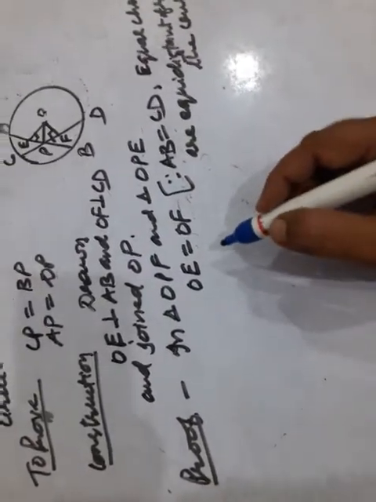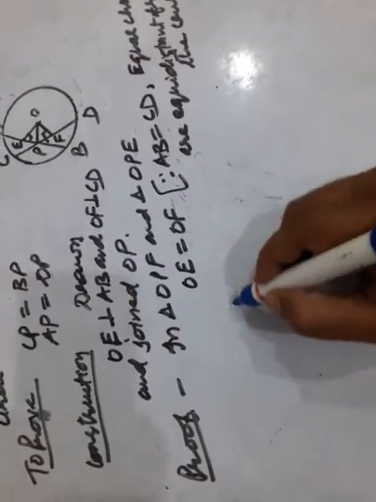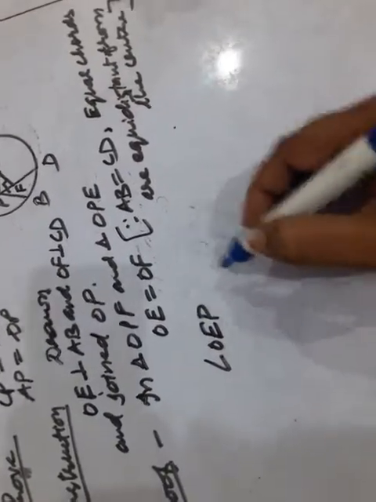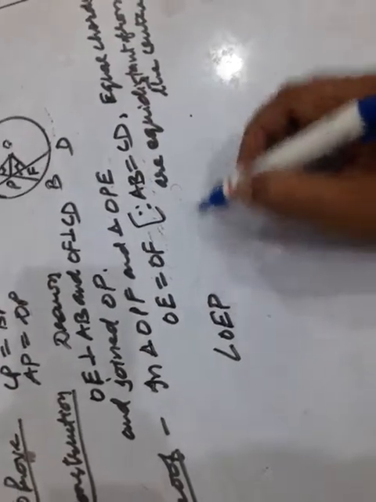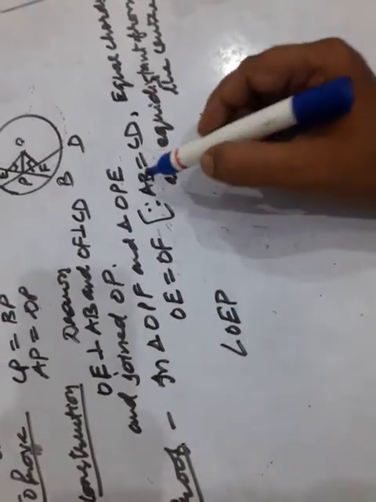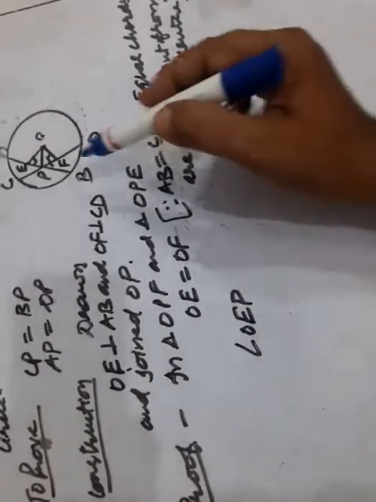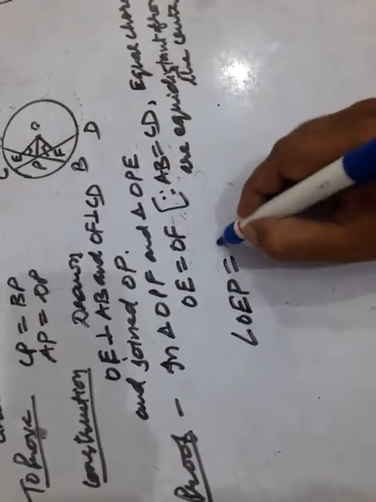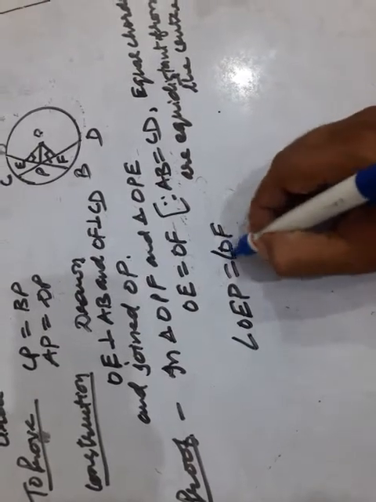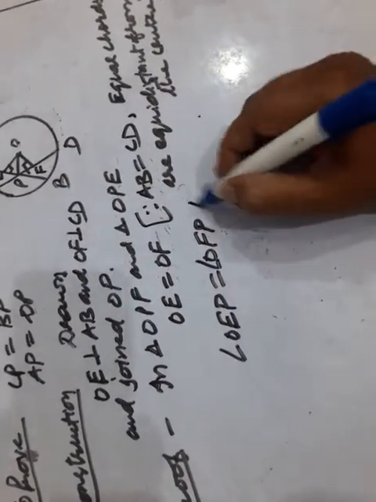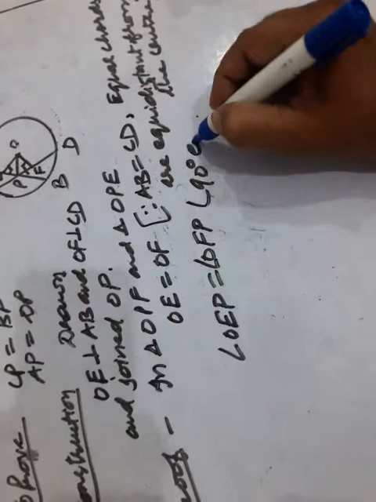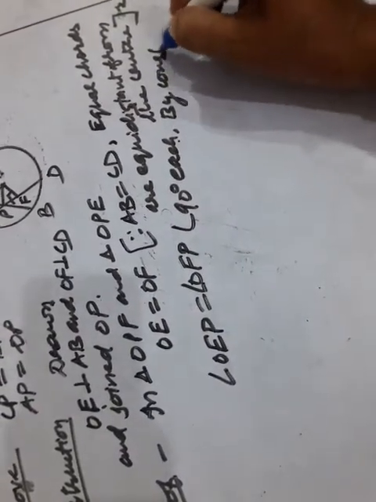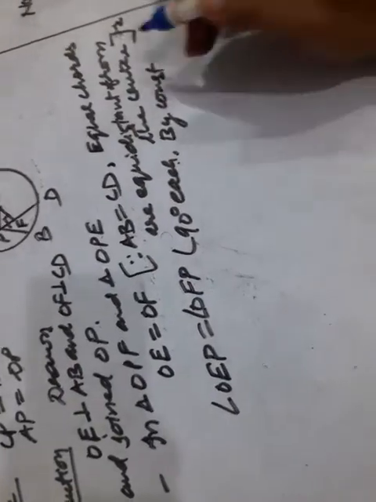Angle OEP equal to angle OFP. Why? Because they are 90 degrees each, by construction.